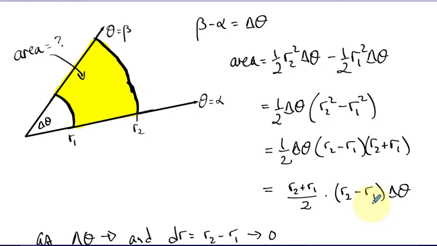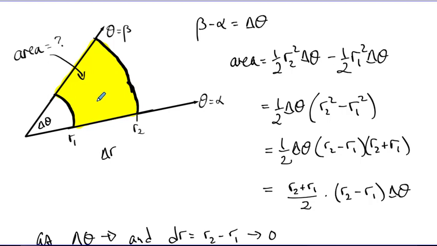And then imagine now if the r2 and r1 get closer and closer together. This will be what we could call a delta r. And we'll imagine that delta r getting smaller and smaller, and the delta theta getting smaller and smaller. And so this little polar region is going to be smaller and smaller, and it'll become a differential amount of area.